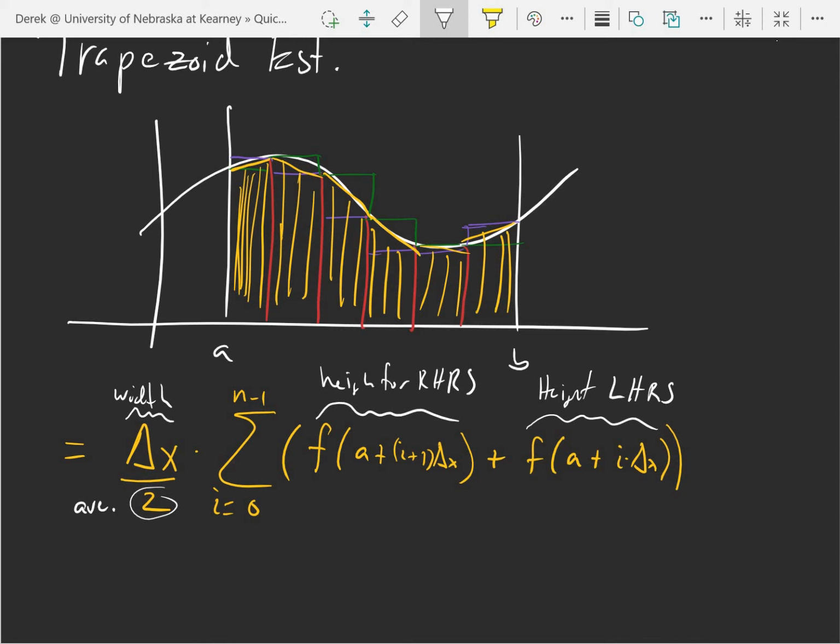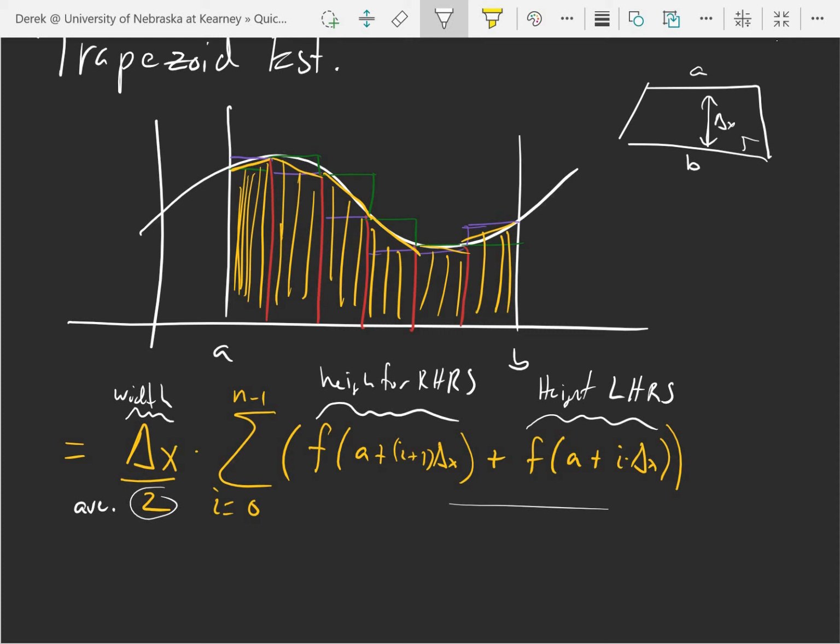If you have a trapezoid, even if it's a right trapezoid here, you take this length plus this length, divide it by 2, and multiply by the height. So this would be delta x here, and the average of the two sides is this stuff inside the summation. And you get one of those trapezoids for every i value from 0 to n minus 1.